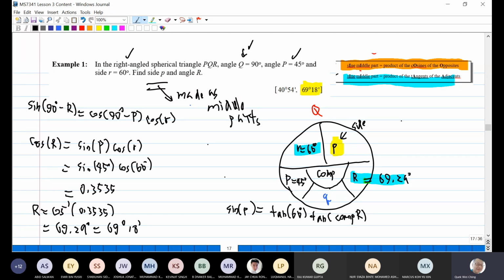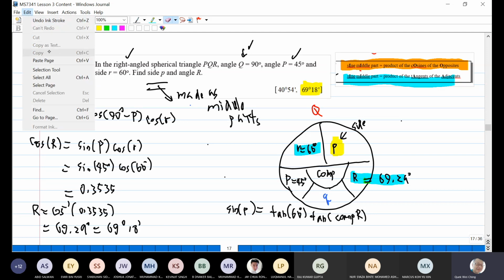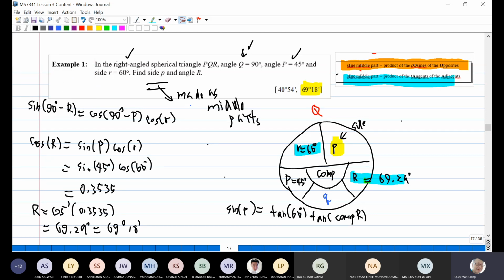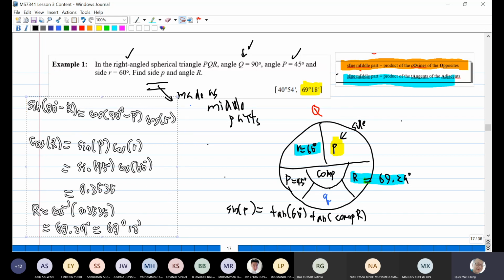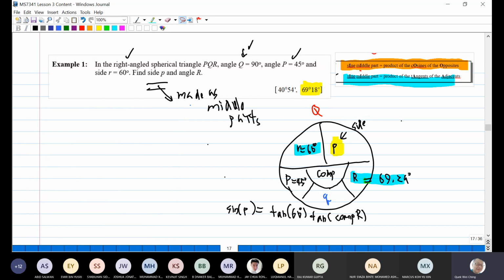So this is actually do calculation now. So sine P, the middle part here. P we don't know.